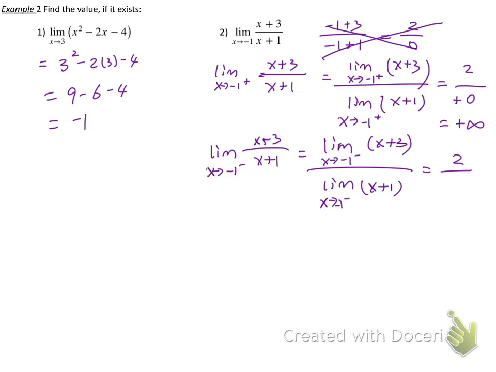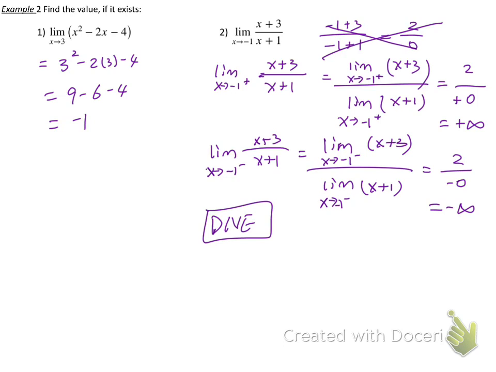But on the bottom, it's negative 1 from the negative side, which means x is a little bit lower than negative 1. Adding a 1, x plus 1 will be a little bit lower than 0. So this is like a negative 0 or 0 negative. I don't know how to express it. It's very close to 0, but a negative number. So when you divide 2 by a very, very small negative number, you get a huge negative number. So actually, you are going to have positive infinity on one side and negative infinity on the other, which makes the limit does not exist.